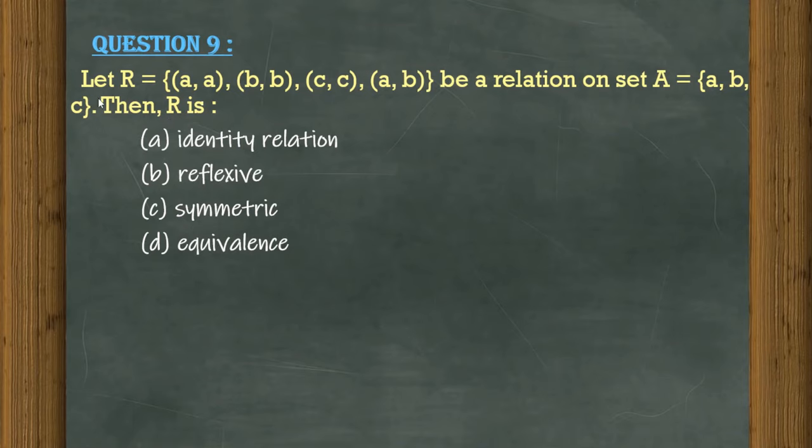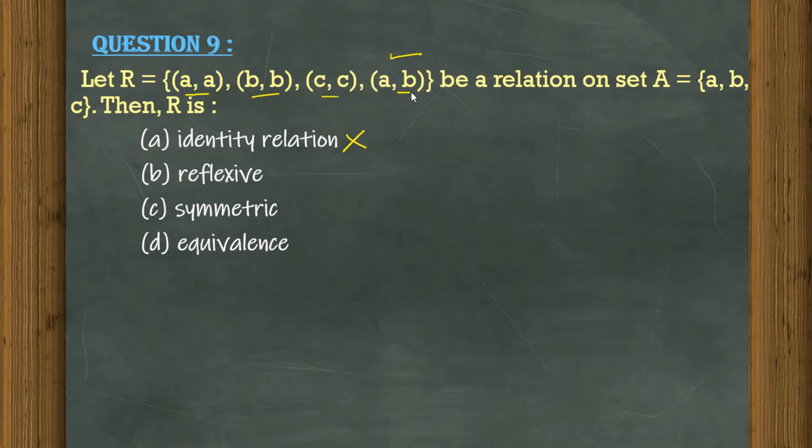Question number 9. Let R = {(A,A), (B,B), (C,C) and (A,B)} be a relation on set {A, B, C}. So what type of relation R is? Is R identity or reflexive or symmetric or equivalence? First, an extra baggage is there, (A,B), so it is not identity relation.